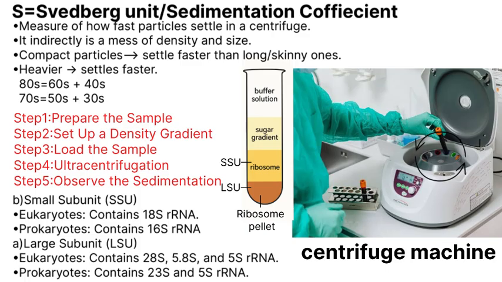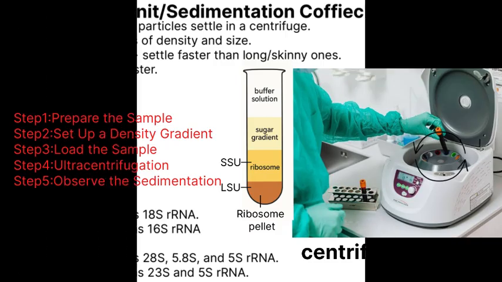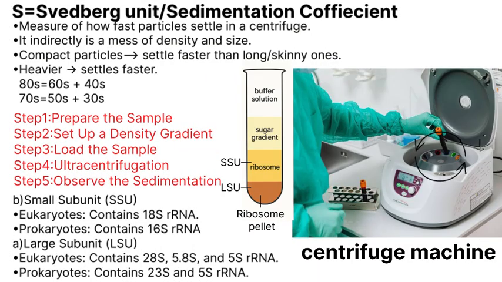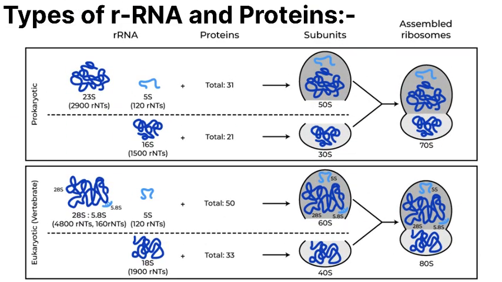Now let's see what types of rRNA and proteins are present in the ribosomes in a little more detail in the next slide. As we all know, ribosomes are rRNA bodies, and this diagram particularly shows the different types of ribosomal RNA and the ribosomal proteins involved in the formation of ribosomal subunits, where these distinct molecules play different structural and functional roles in the ribosomes.